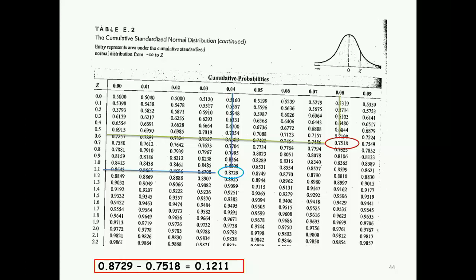If you want to calculate to the right, first you find the left, then 1 minus. So please try to familiarize yourself with how to read the Z value or probability value from the table, because sometimes if you don't know how to read it, you could easily miss the answer. Okay.